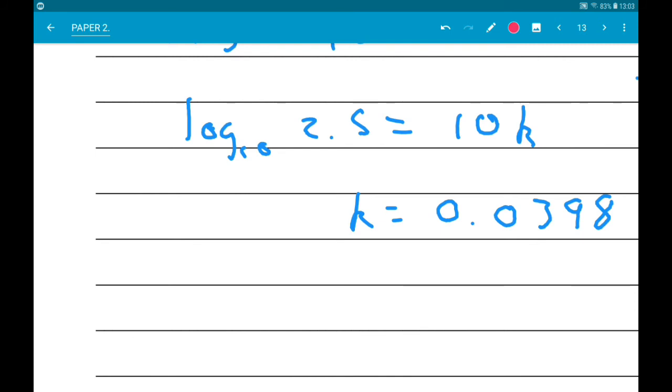So we now know 30 is a times 10 to the minus 10 times 0.0398, so 10 to the minus 0.398.